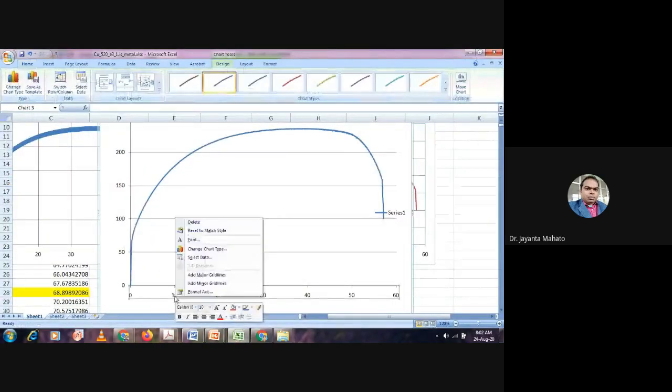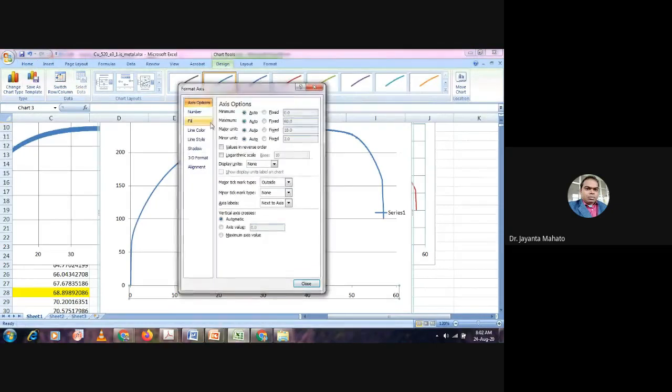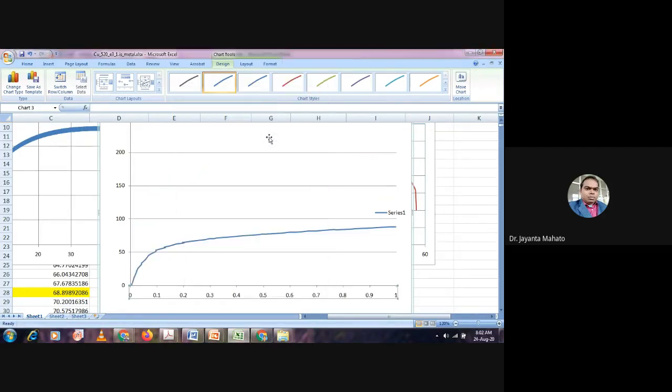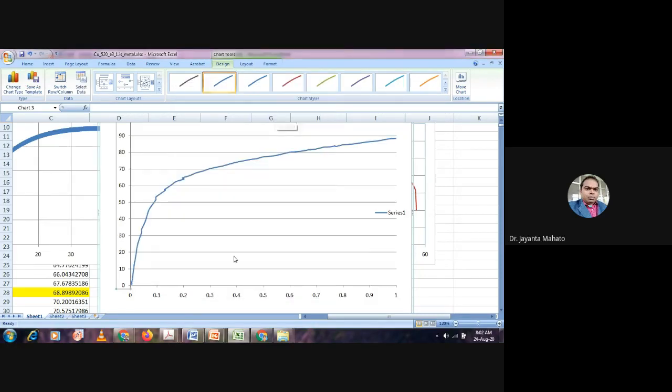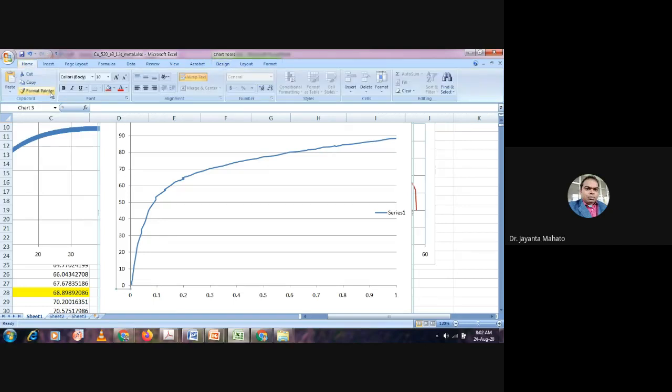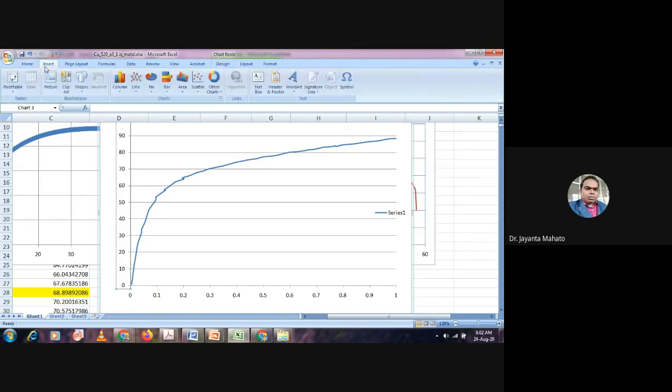If you take 0 to 1, then this curve will look like this. The 0.2 offset means this proportional limit, this proportional line.